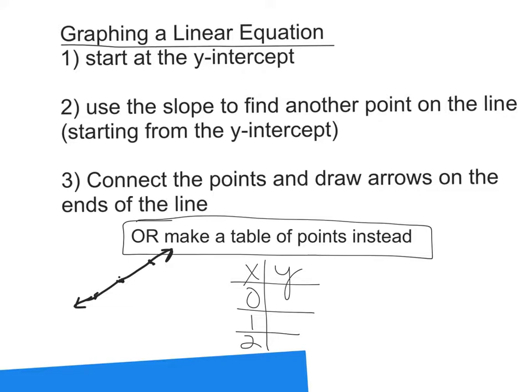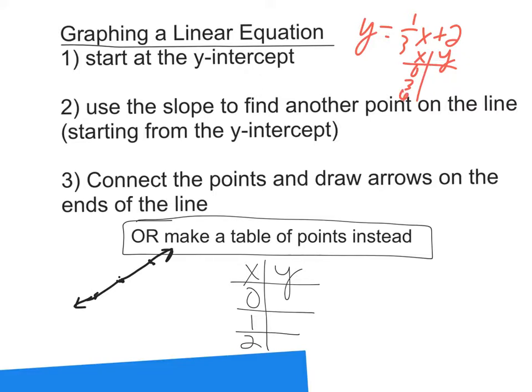0, 1, and 2 is usually what I would recommend, but if you have a fraction, then you're going to want to use multiples of the denominator. As a quick example, if we had y = 1/3 x + 2, my denominator is 3, so I could do 0, 3, and then the next multiple of 3 is 6.